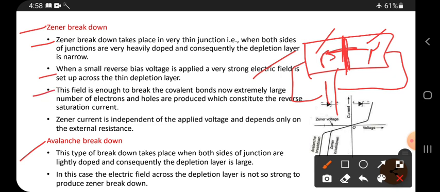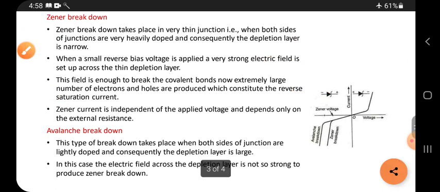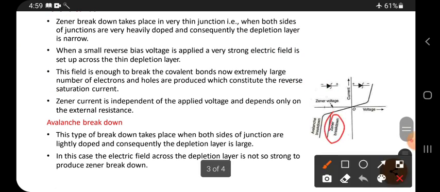This field is enough to break the covalent bonds, and now an extremely large number of electrons and holes are produced, which constitute the reverse saturation current. So a large number of electron-hole pairs are generated, and these large numbers of electrons constitute a large current. That is why the breakdown region occurs.